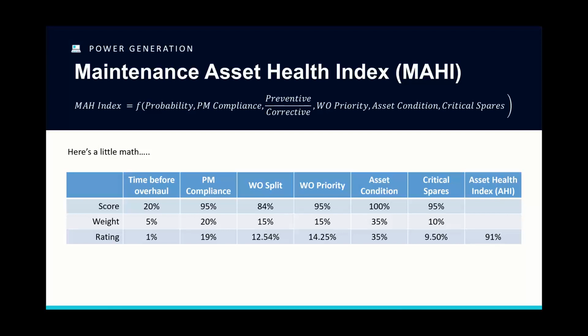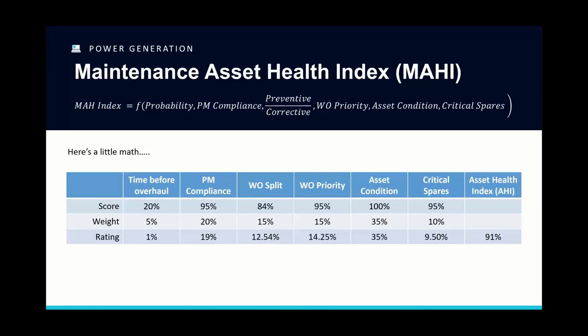Basically, what it allows you to do is take each one of those factors and decide the level of importance. What's more important to you? Is it the time left before the overhaul? Is it the work order split? Whatever it is, you can tweak it. You may also have some areas where you're not keeping your parts in a stock room, or not in an inventory management system.